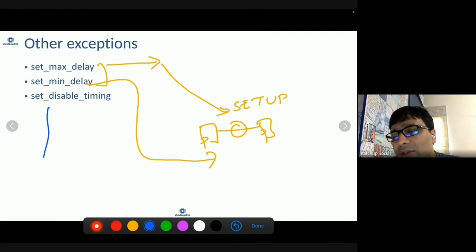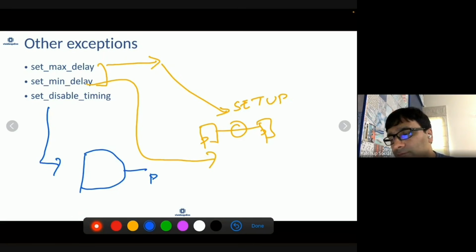Set disable timing is typically used to disable certain timing, and typically it is used for certain cells. For example, let's say you have an AND gate, and there are two inputs of the AND gate, A and B, and the output is Z. You want to disable certain arcs, maybe it's a useless arc in the library, or for whatever reason.